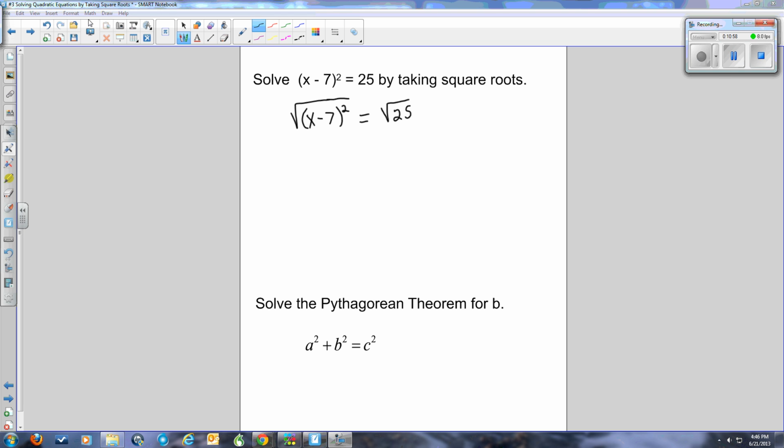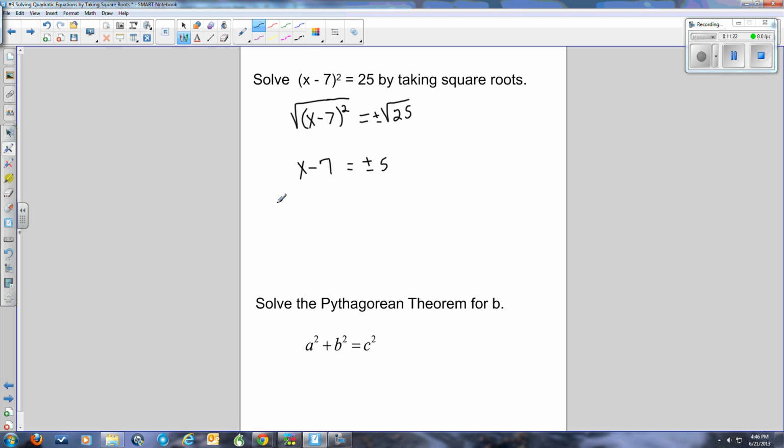Now keep in mind, when we take the square root of 25, we're going to end up with plus or minus for our answer. Alright, so we end up with x minus 7, because if you take the square root of something squared, you just get what's left inside here. So we have x minus 7 equals plus or minus 5.